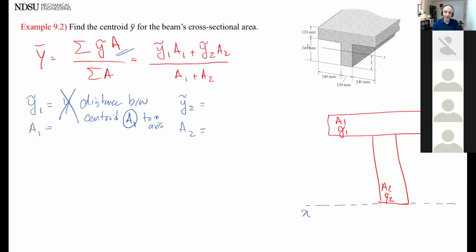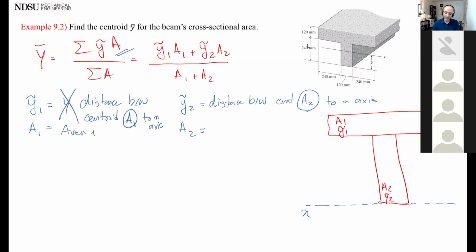So what about Y tilde 2? Same thing for the other rectangle. For the other area, right? So it's the distance between the centroid to x-axis. All right. Area 1, we know it.